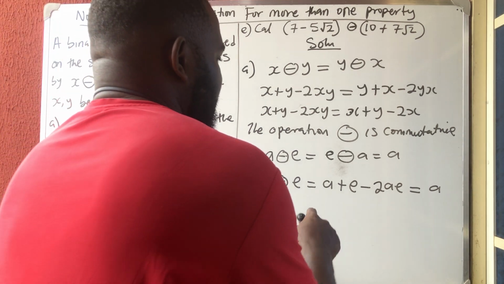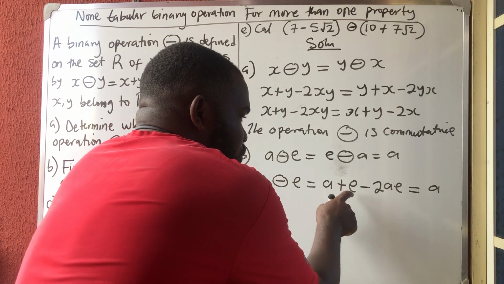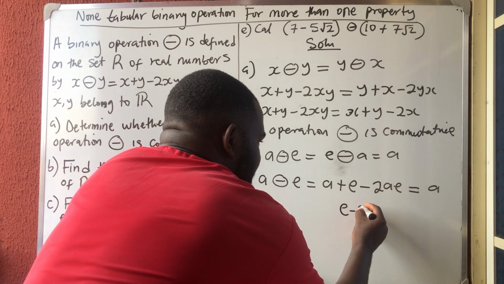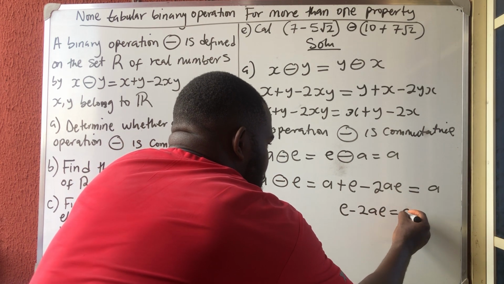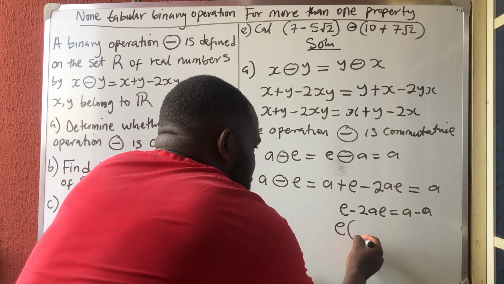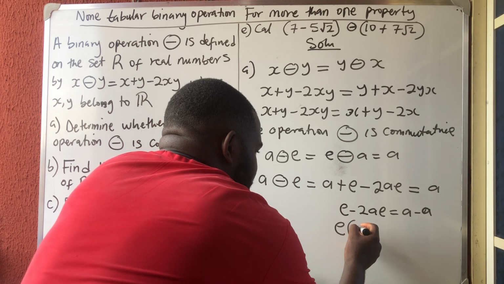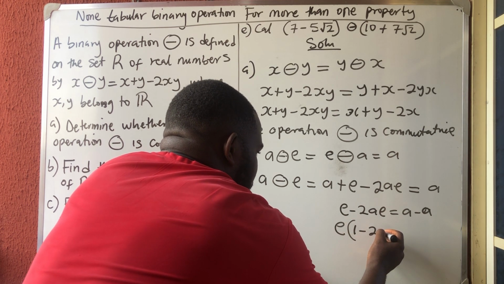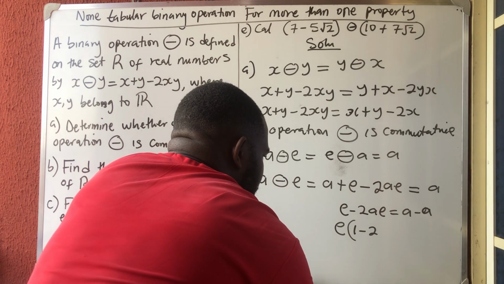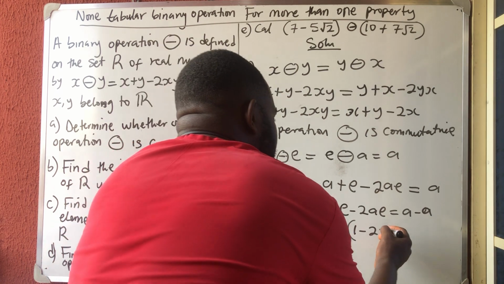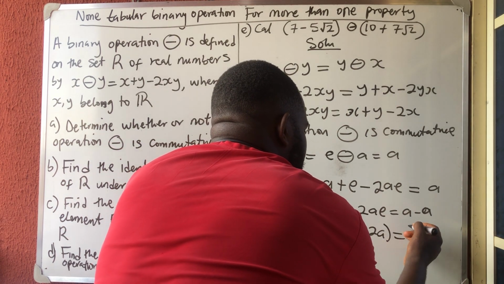Let's collect terms to get what our E is. I'll have E minus 2AE is equal to A minus A, and A minus A is 0, but they have E in common. So this minus this, I'm going to have E times (1 minus 2A) is equal to 0.